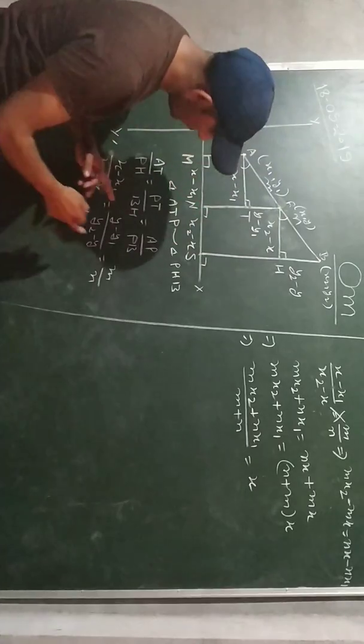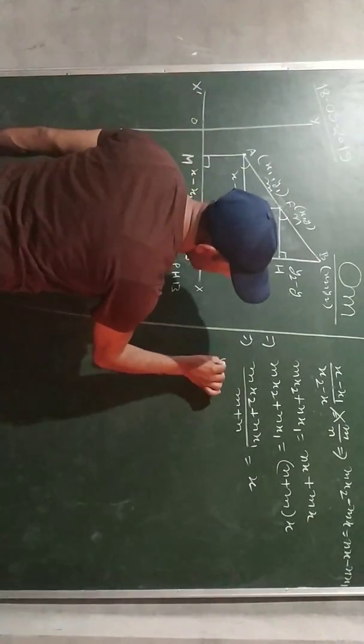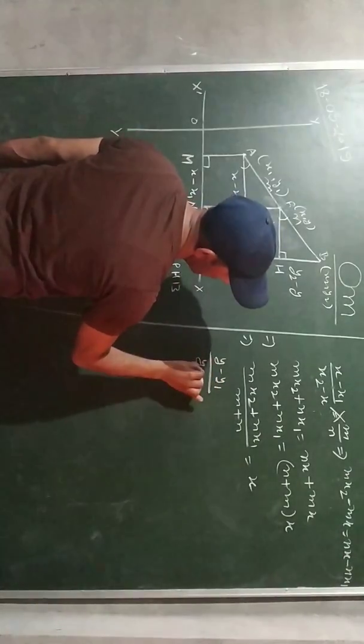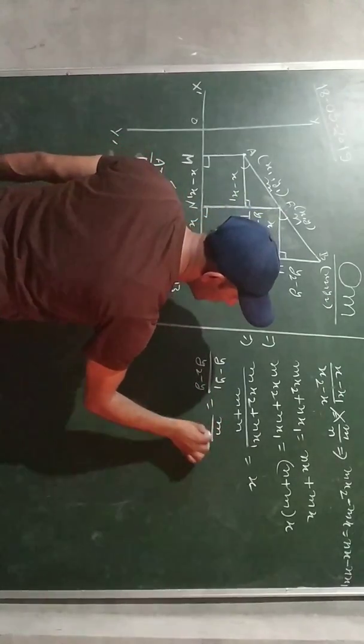Similarly, if I take the last two equal, then y minus y1 upon y2 minus y is equal to m upon n.